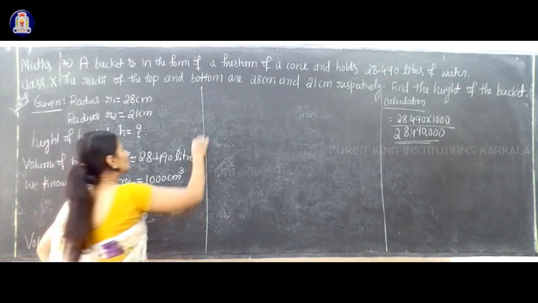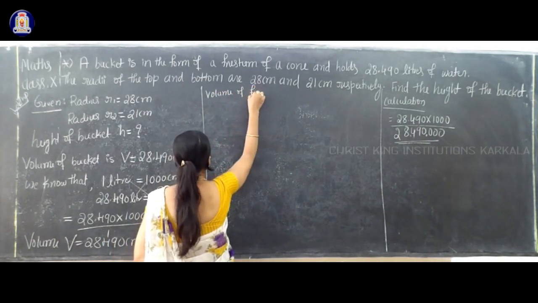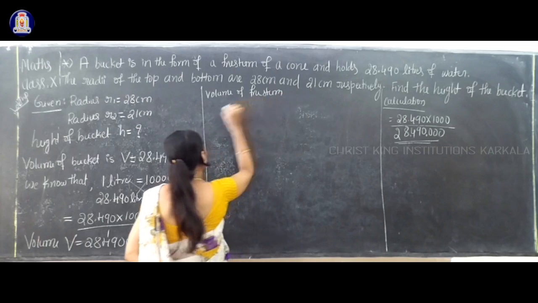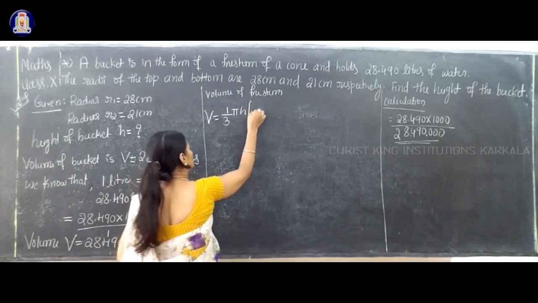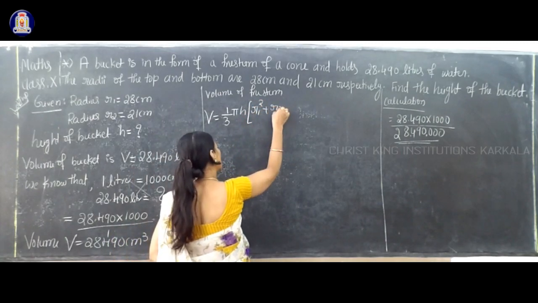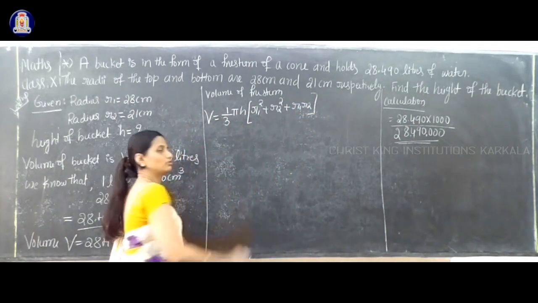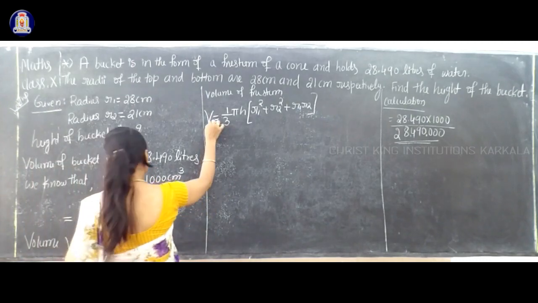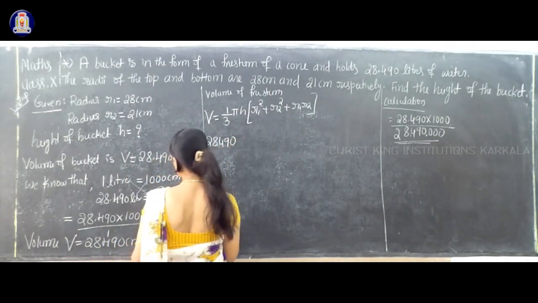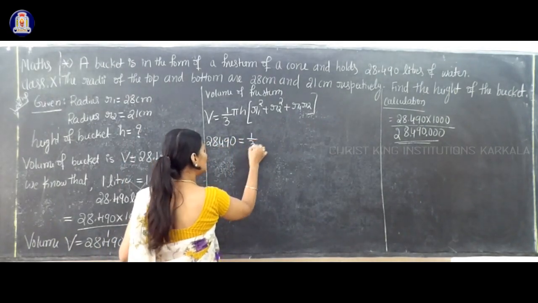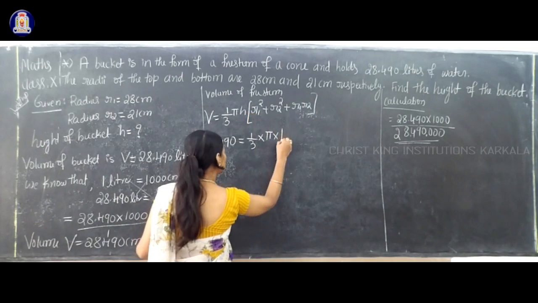Now use the formula. The volume of frustum is V is equal to 1 by 3 pi h into R1 square plus R2 square plus R1 into R2. What to find? h. Now substitute. Volume in centimeter cube is 28,490 is equal to 1 by 3 pi, h is the question mark.